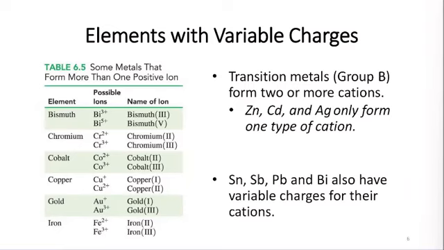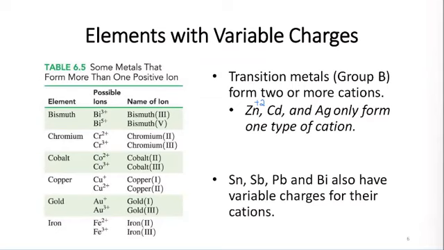Now, not everybody in group B is going to have multiple cations. There are 3 elements in group B that only form 1 type of cation, and that is zinc, cadmium, and silver. So when we look at zinc in the periodic table, it always loses 2 electrons, so we see it as +2.